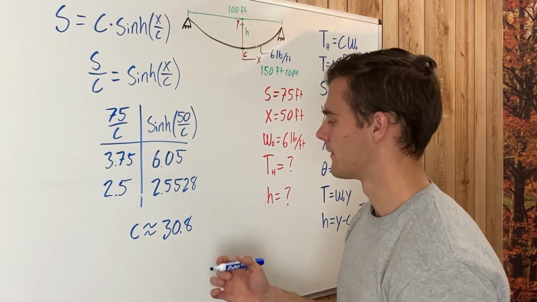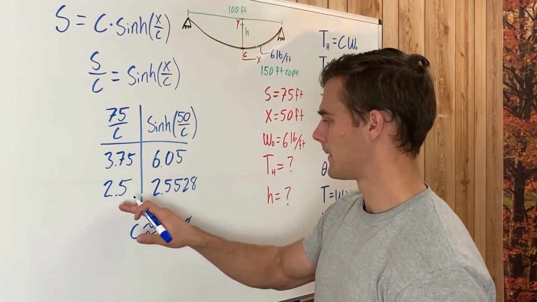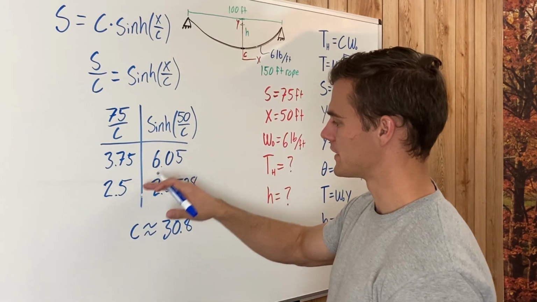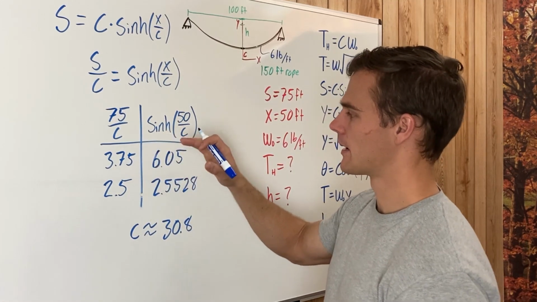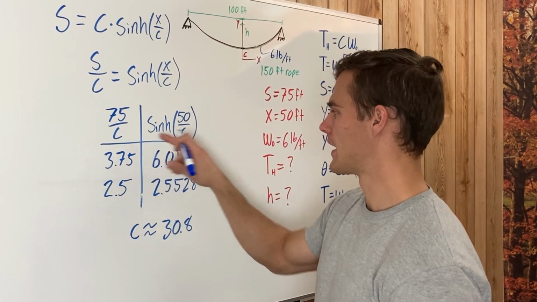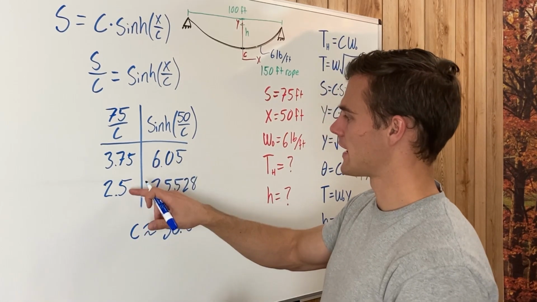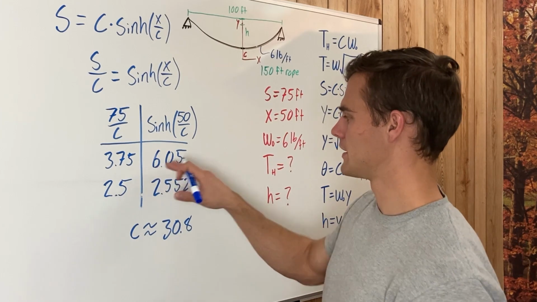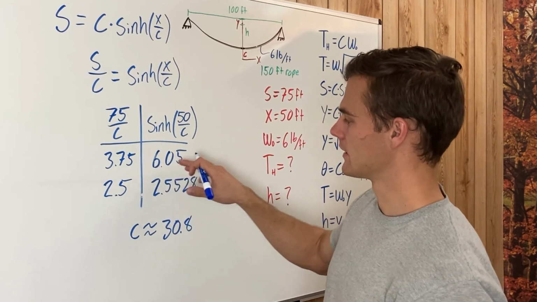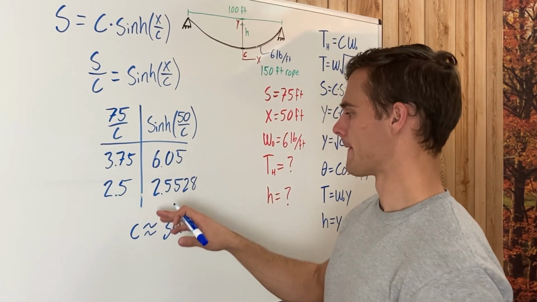You just keep going a little bit more with the values you plug in for C, and you see here how this side is less than these values.